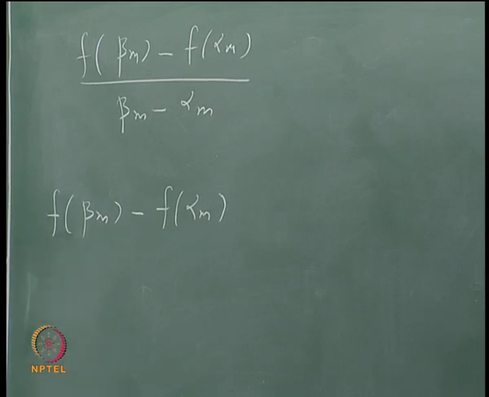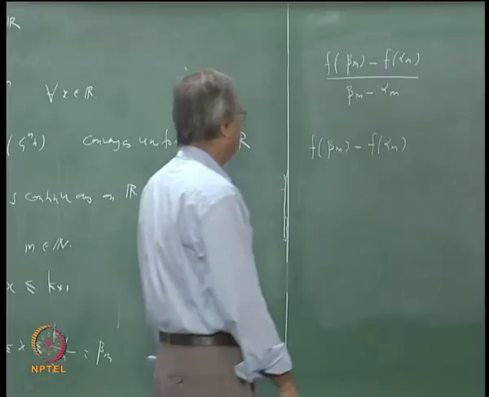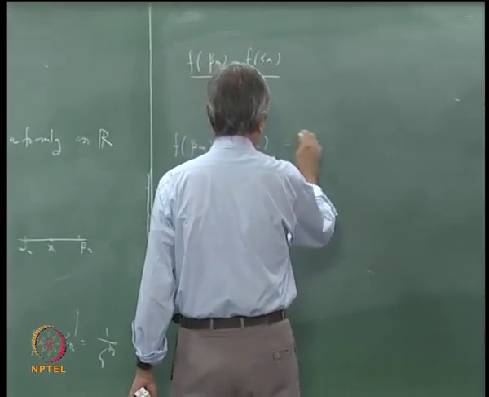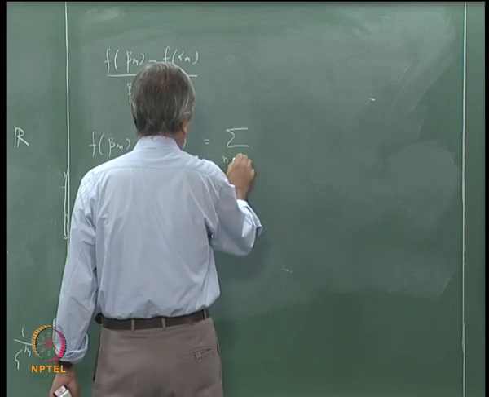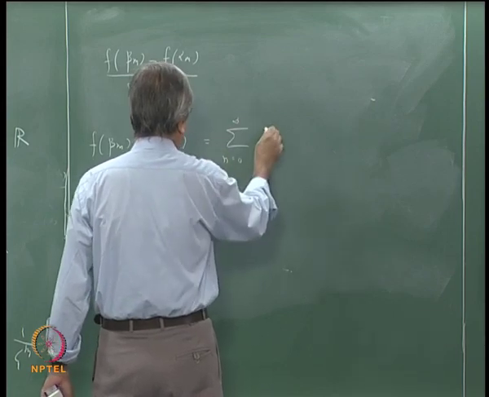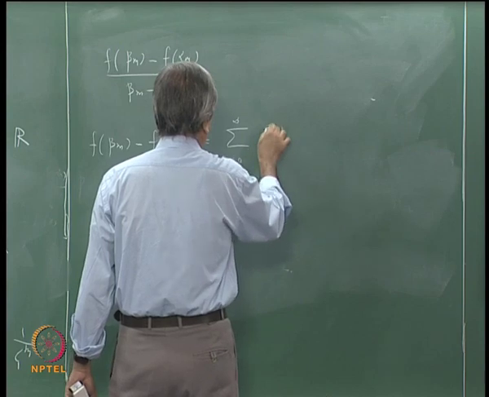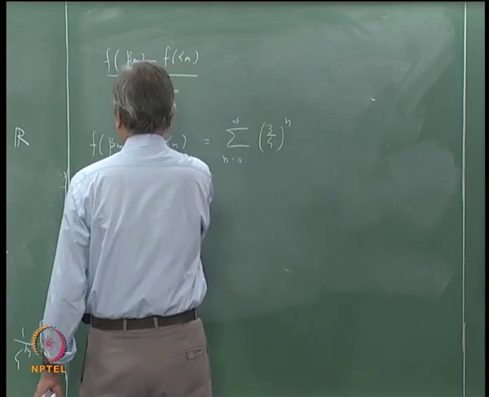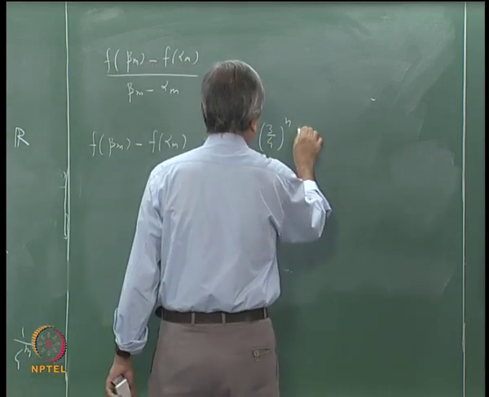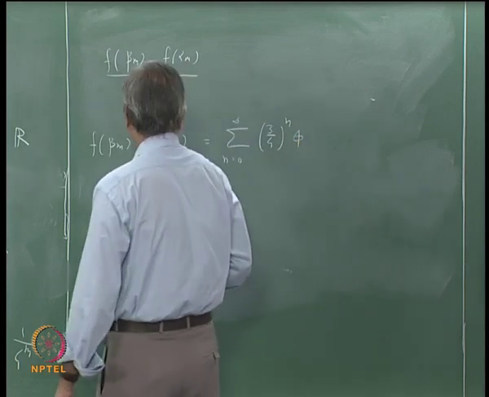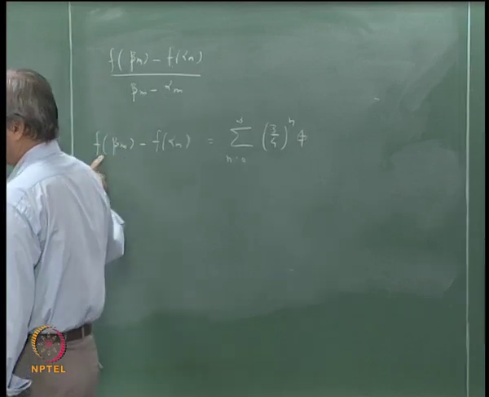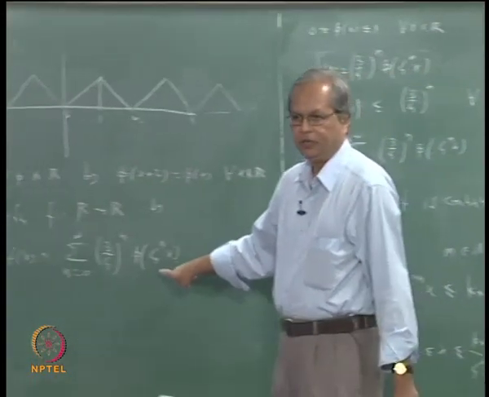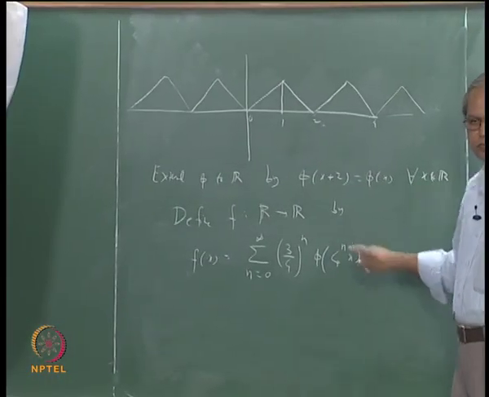Now by definition, here some complications will start. f of beta m is sigma n going from 0 to infinity of 3 by 4 to the power n times phi of 4 to the power n beta m.